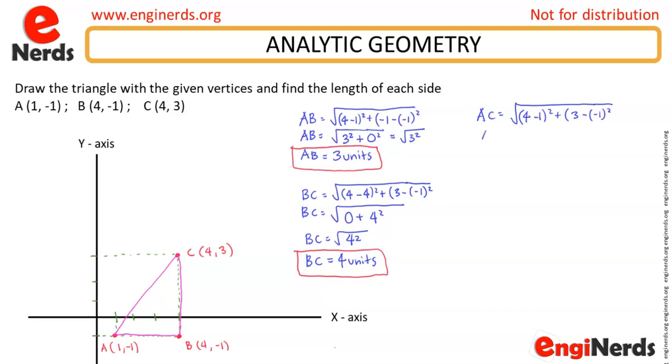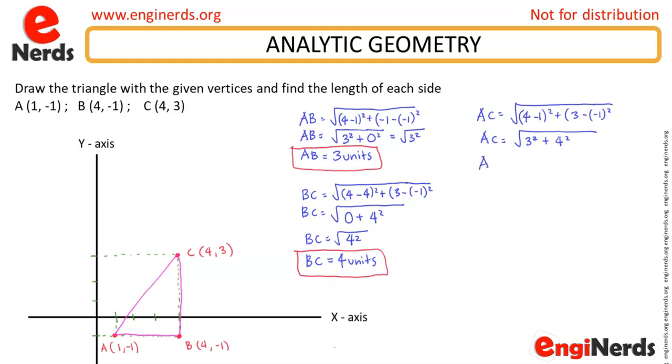Okay? So, AC is equal to the square root of 4 minus 1 is 3 squared plus 3 minus negative 1 is equal to 4 squared. Diba?